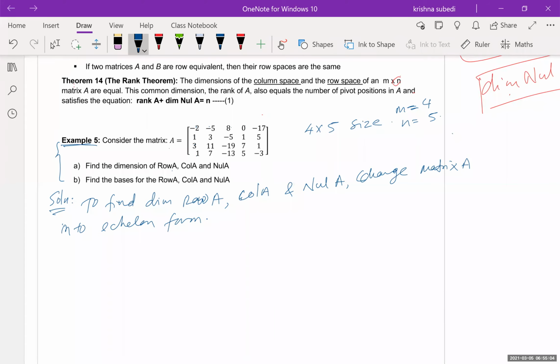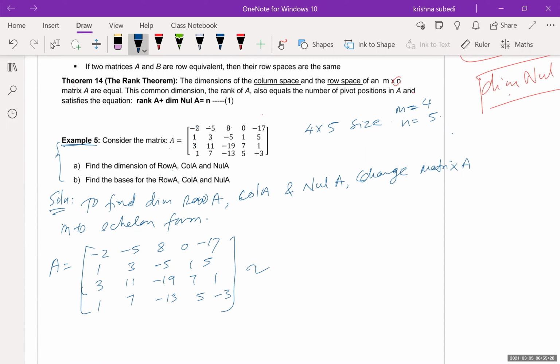Okay, so let me just copy the matrix here. A is -2, -5, 8, 0, -17; 1, 3, -5, 1, 5; 3, 11, -19, 7, 1; and 1, 7, -13, 5, -3.